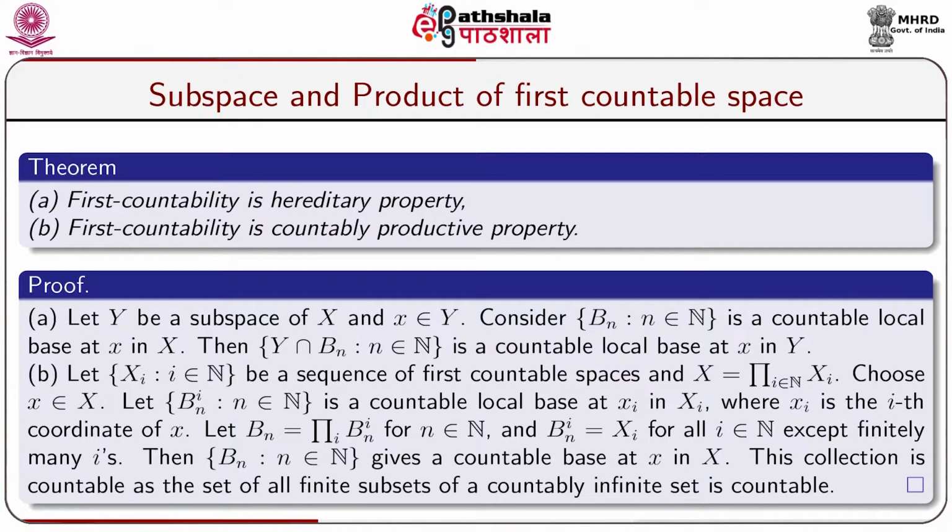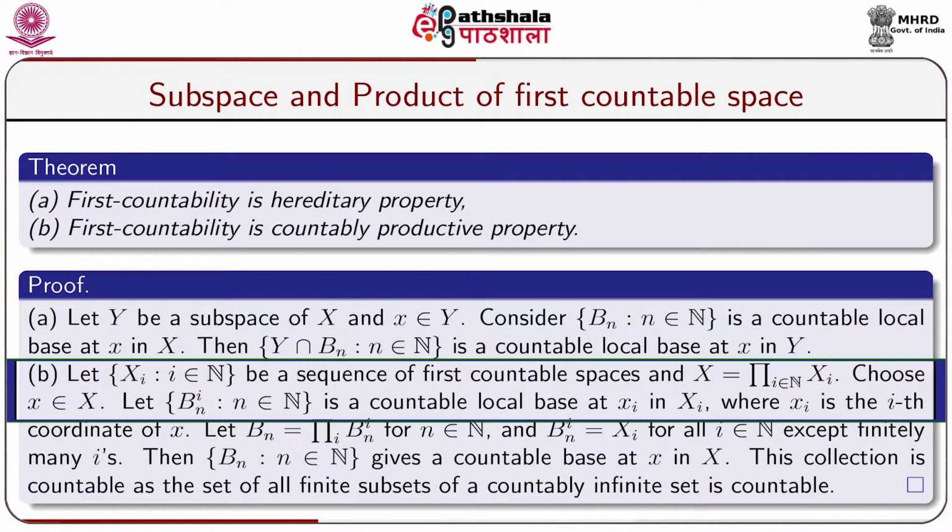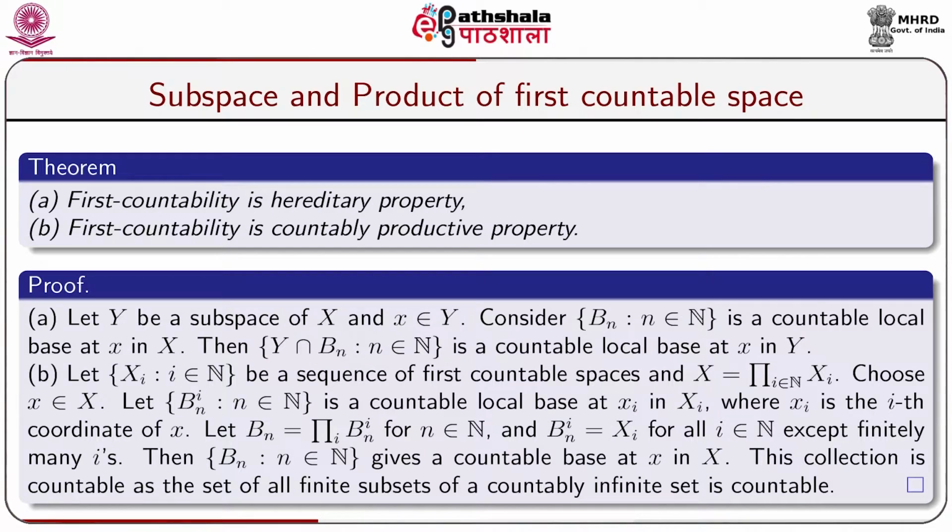Now let us come to the proof that first countability is a countably productive property. Let Xi be a sequence of first countable spaces and capital X be their product.